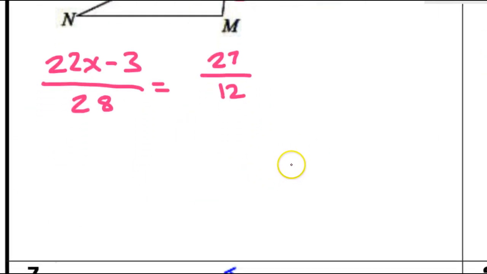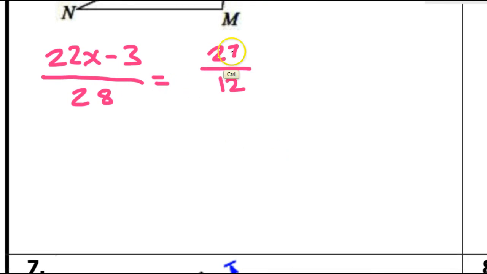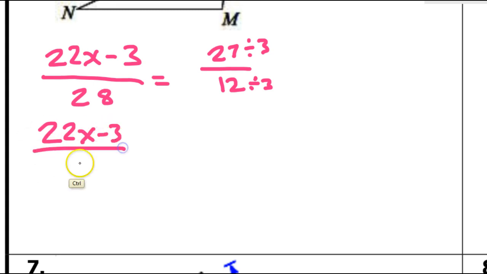So now it's just a matter of solving this. Let's reduce this. These are both divisible by 3. So that's going to give me 22x minus 3 over 28 is equal to 9 over 4.